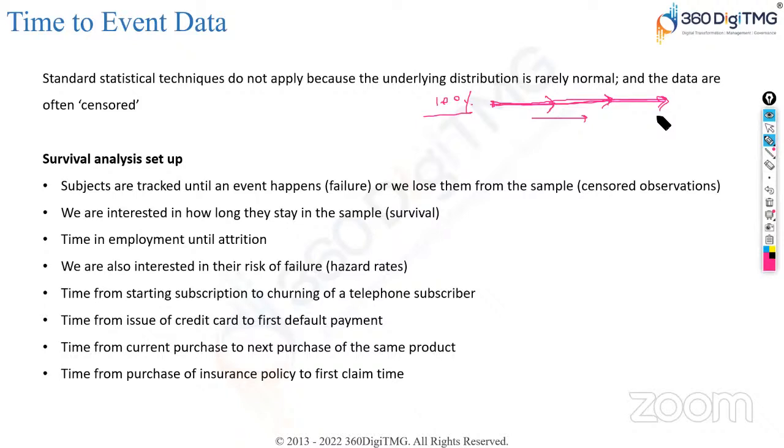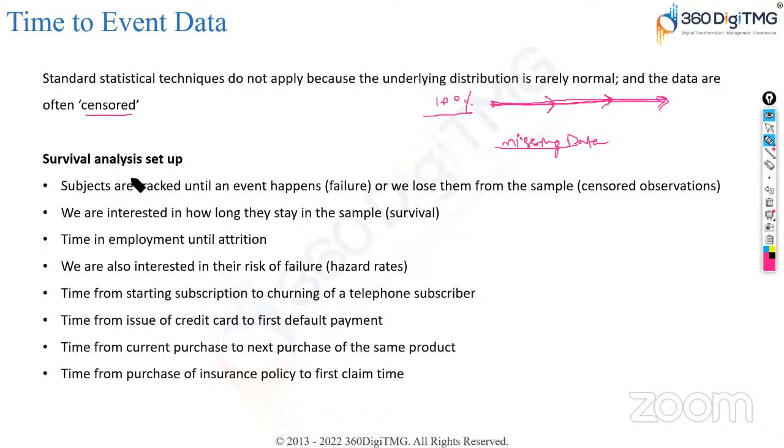Now, there are cases where when you are doing this study, the biggest problem of missing data happens. Missing data might occur. This missing data will cause a lot of analysis gaps in this survival analysis study. And this missing data is called censored data.